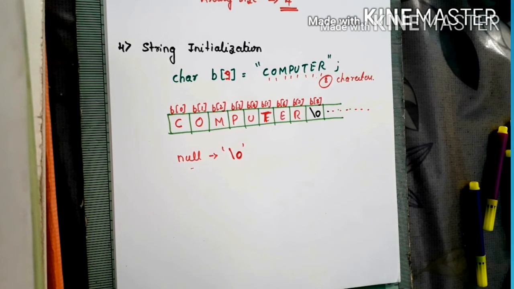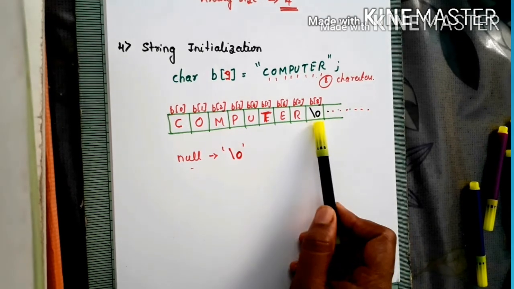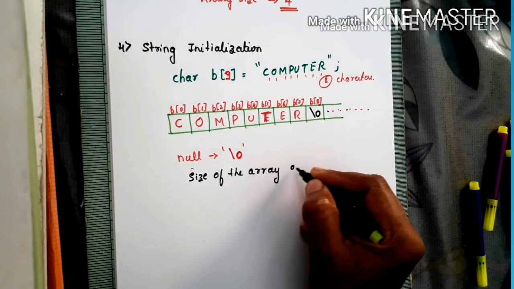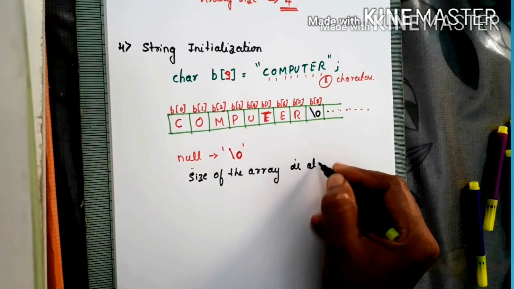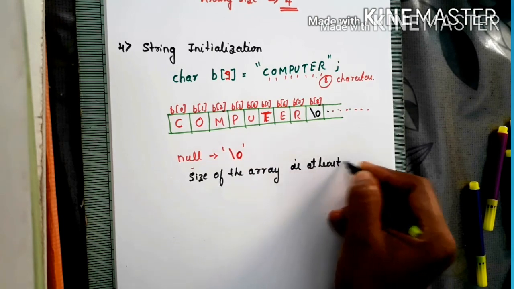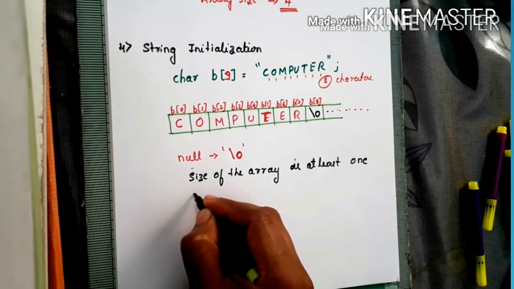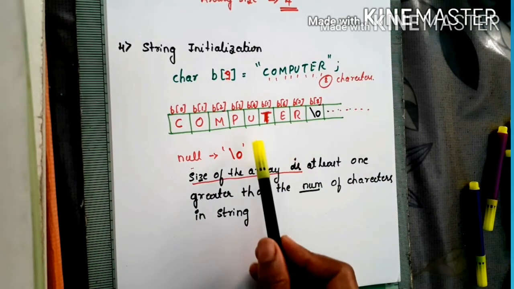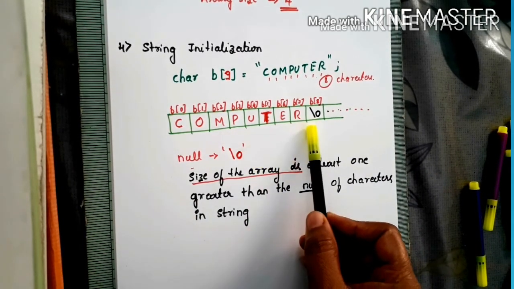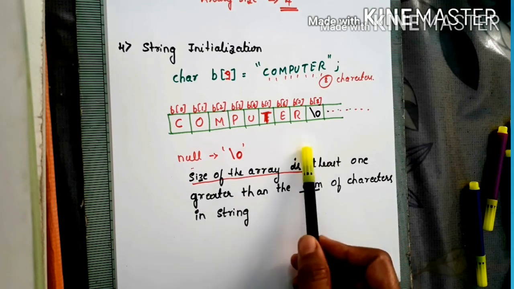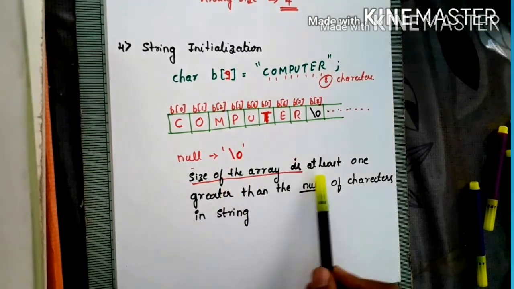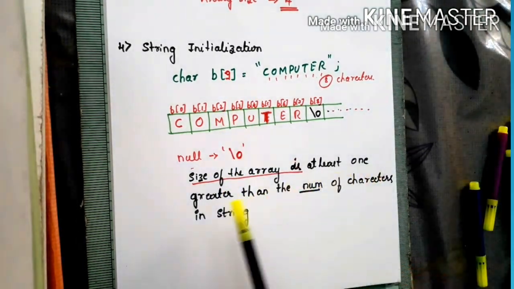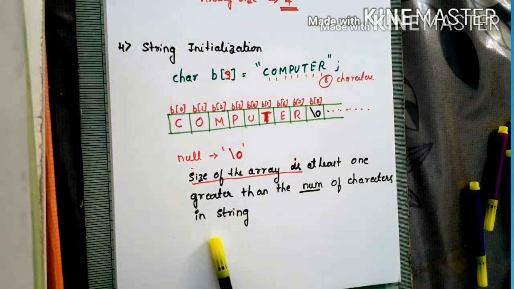In C, a character array ends with the null character. The null character requires 1 byte of memory location. In C, a string always ends with the null character. Hence, the size of the array is at least 1 greater than the number of characters in the string.